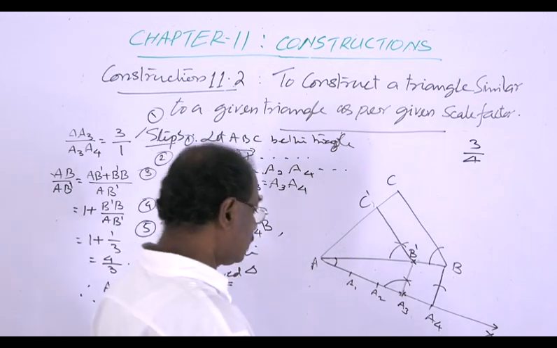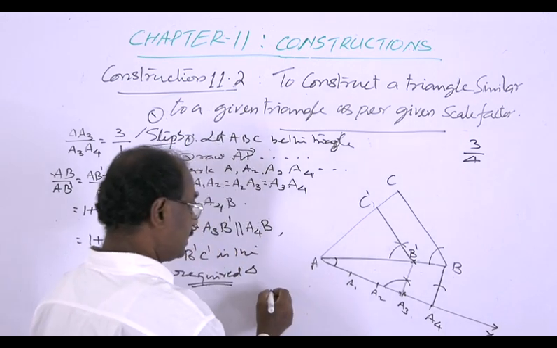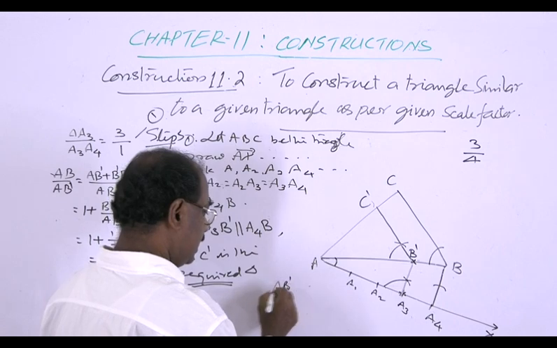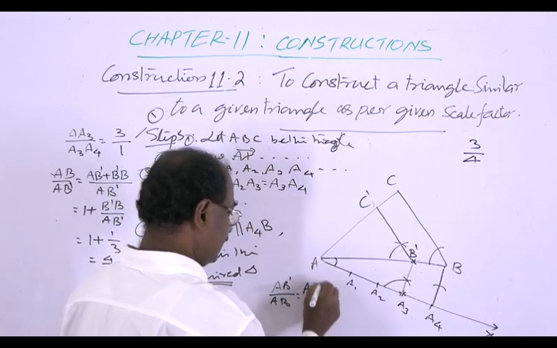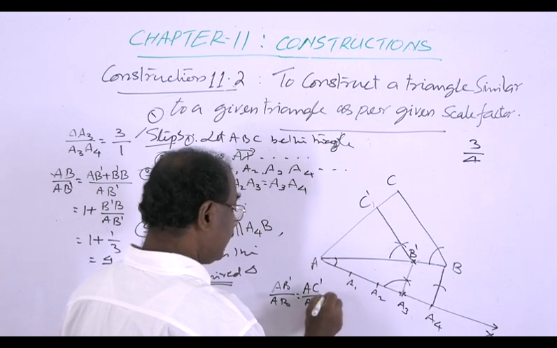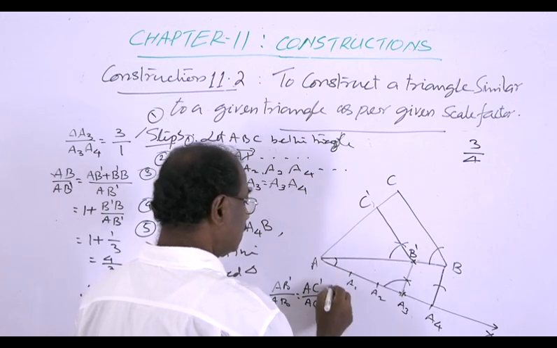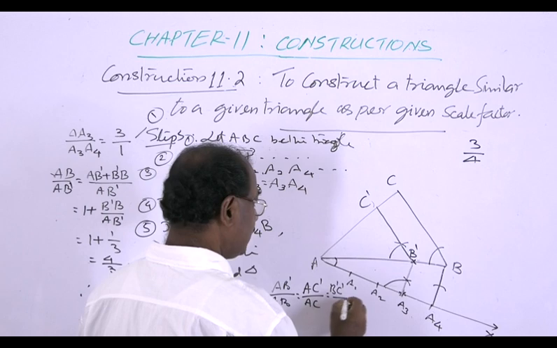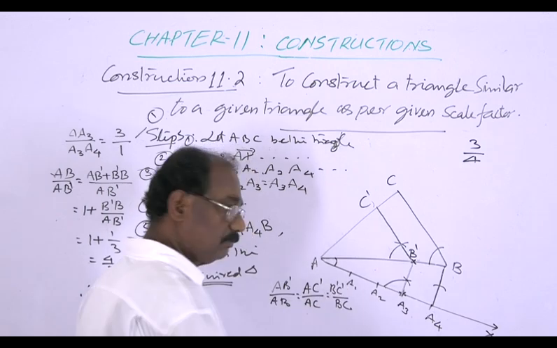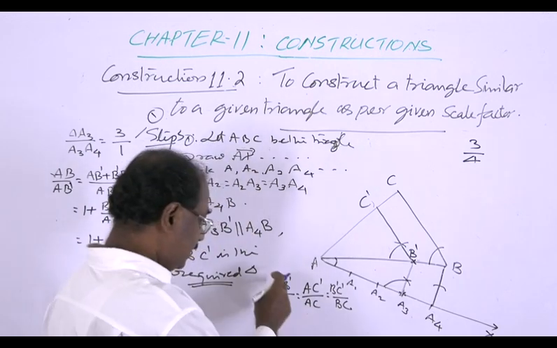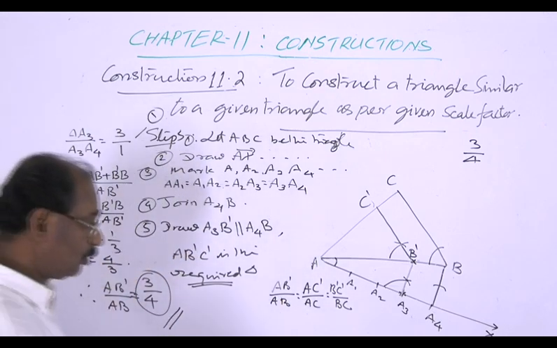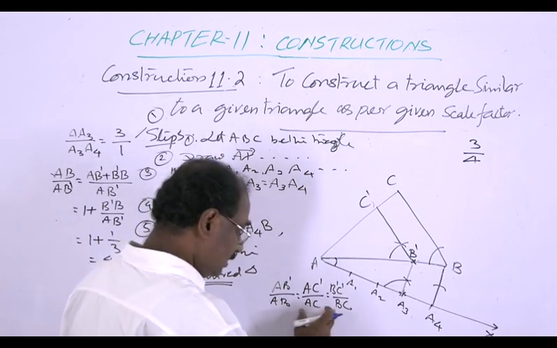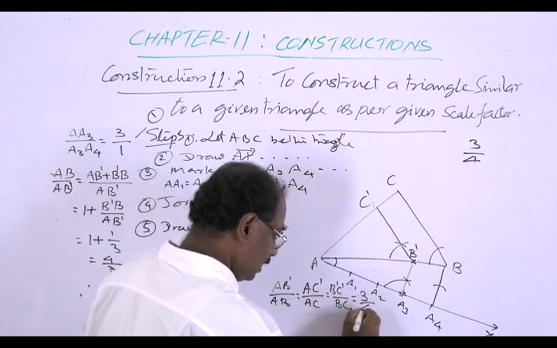So sides are proportional means AB dash by AB is equal to AC dash by AC, equal to B dash C dash by BC. But AB dash by AB is 3 by 4. So all these are equal to 3 by 4.